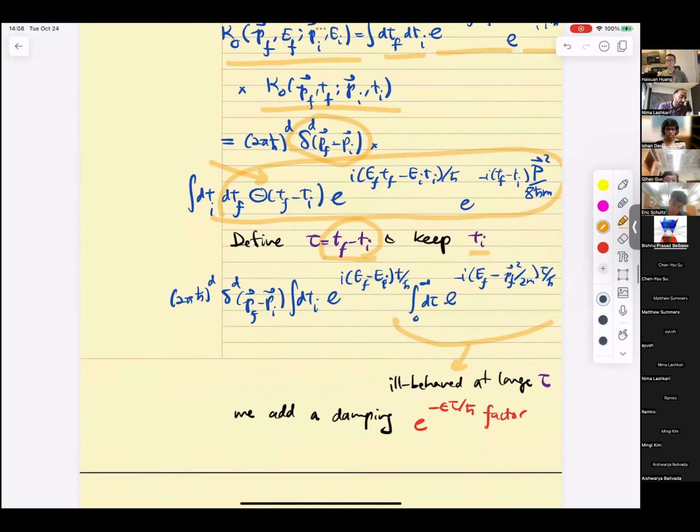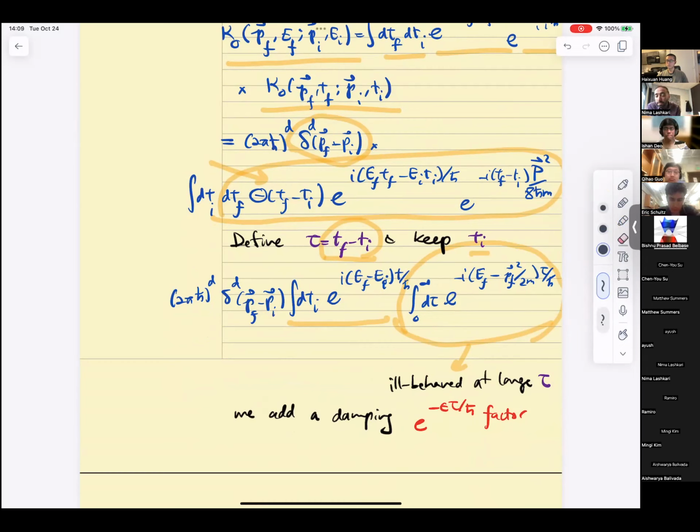We repackage the integral as an integral over initial Ti and an integral over tau. We notice that the integral over tau is ill-behaved. It's a phase that's oscillating forever from time t0 until eternity.